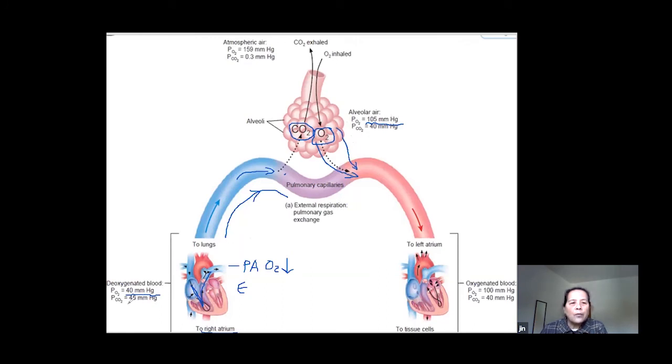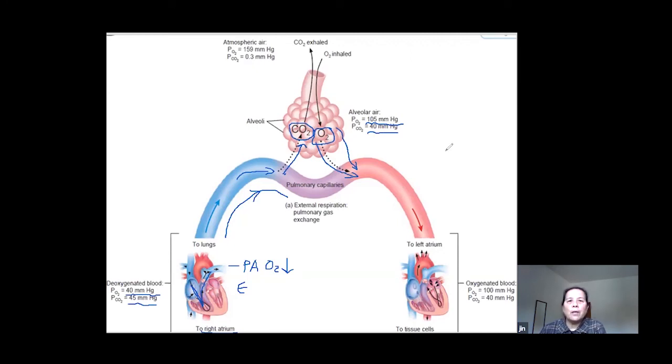And the carbon dioxide is 45 in the blood circulation, but in the lungs it's lower, about 40 there. So that's moving from 45 to 40. So we say simple diffusion.